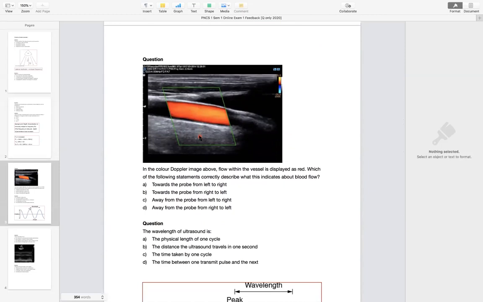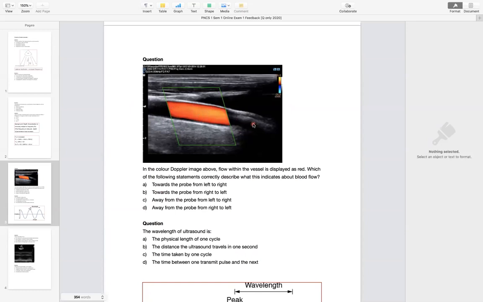Another question that proved a little bit more challenging was related to this image. And the question is, in the color image above, flow within the vessel is displayed as red. Which of the following statements correctly describes what that indicates about blood flow? Well, if it's red, blood flow must be moving within this vessel towards the probe. So C and D we can forget about.